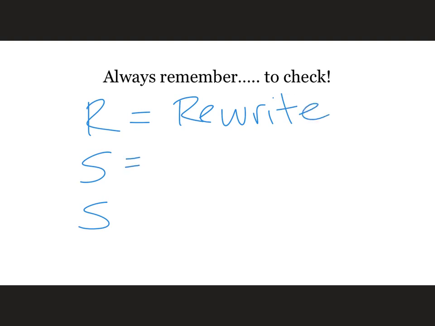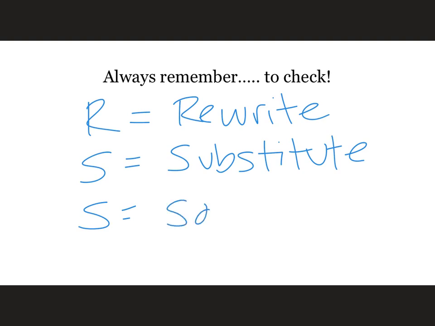The first S simply means to substitute. So once we have found out what x is, we're going to substitute that number into the equation, and finally we are going to solve, and our last S just simply means solve. So making sure that both sides of our equation are equal to each other.